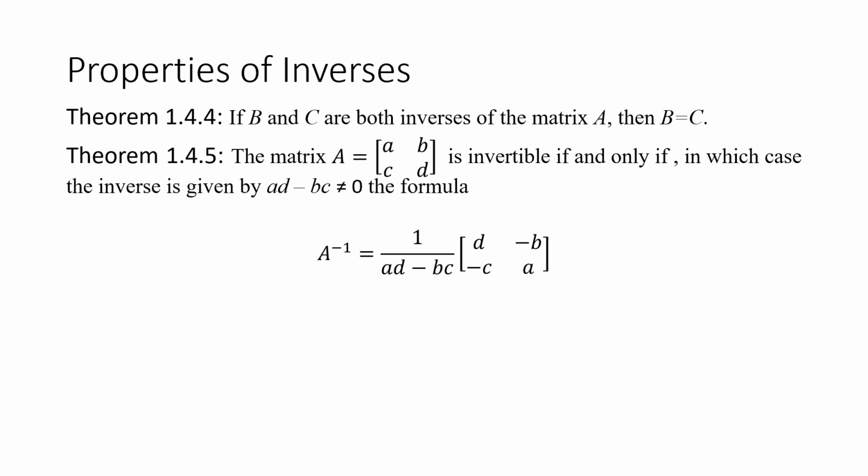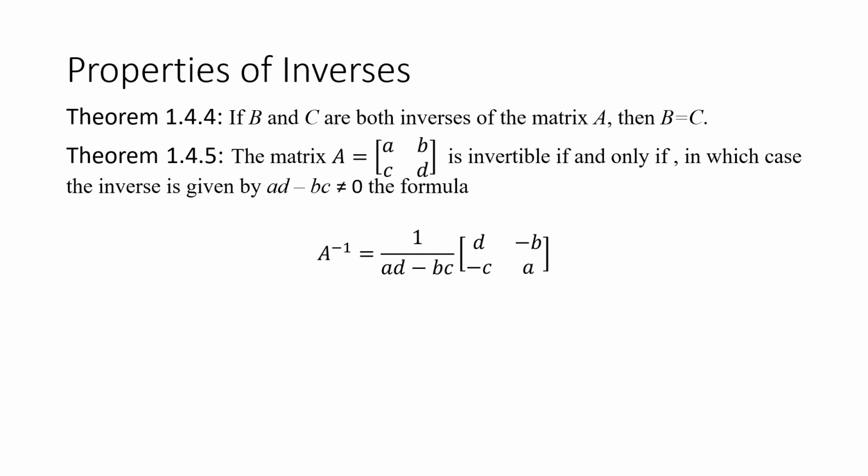Now let's have the next theorem, 1.4.5. The matrix A, which has entries a, b, c, d, is invertible if and only if ad minus bc is not equal to 0, in which case the inverse is given by the formula: A raised to negative 1 is equal to 1 over ad minus bc times the matrix d, negative b, negative c, a.